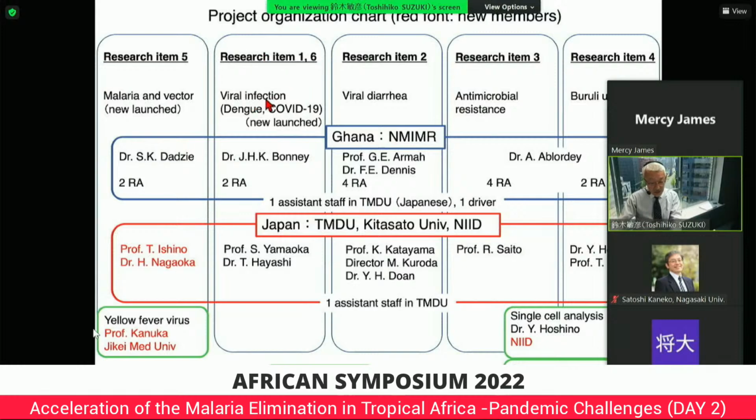Second is viral infection, especially a study on dengue fever in Ghana. I will introduce the research contents from the next slides. The group was also studying COVID-19 spreading in Ghana.